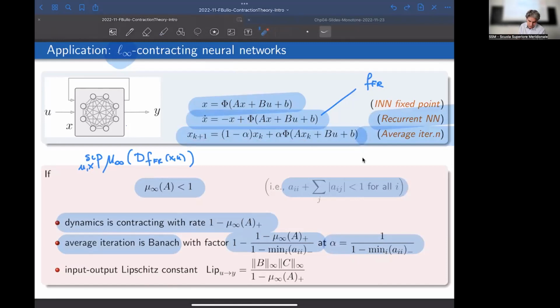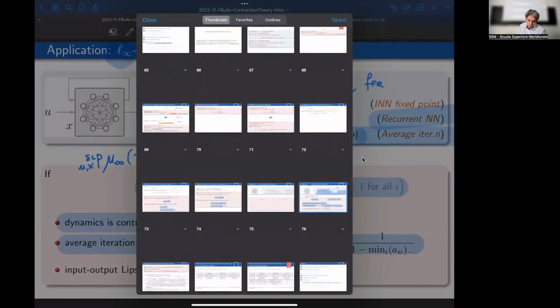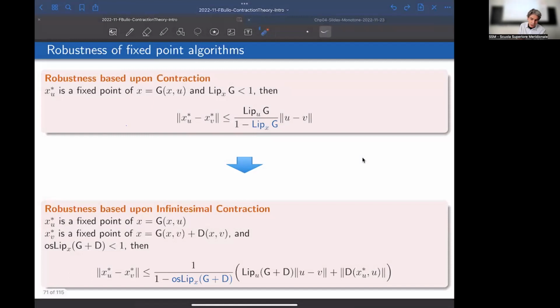Finally, remember I talked to you at some point in time about the fact that there is robustness in using contraction theory. If you have a parameterized fixed point problem, then provided your fixed point problem is described by a contraction G independently of the data U, for every input U, your problem remains contracting.